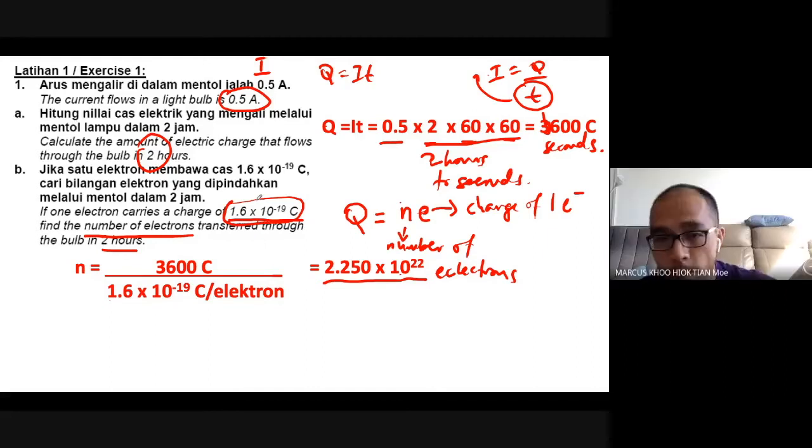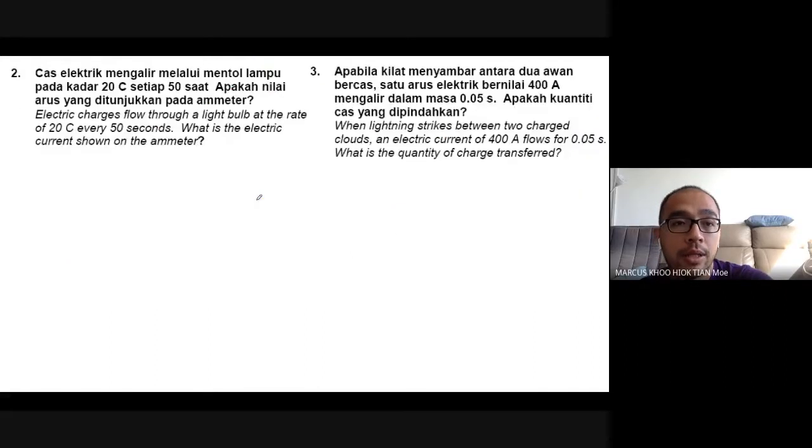Okay, sir. All right. This is question number 4. Electric charges flow at a light bulb at the rate of 20 coulomb every 50 seconds. What is the electric current shown on the ammeter?